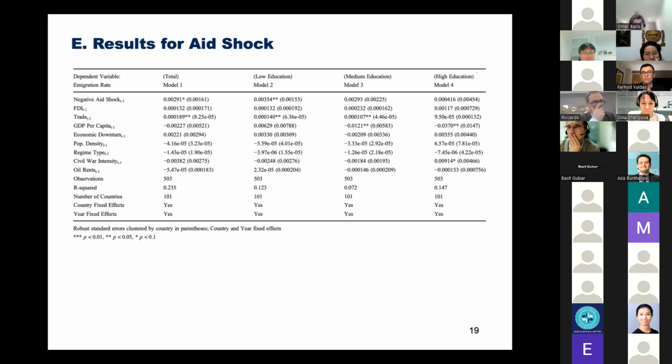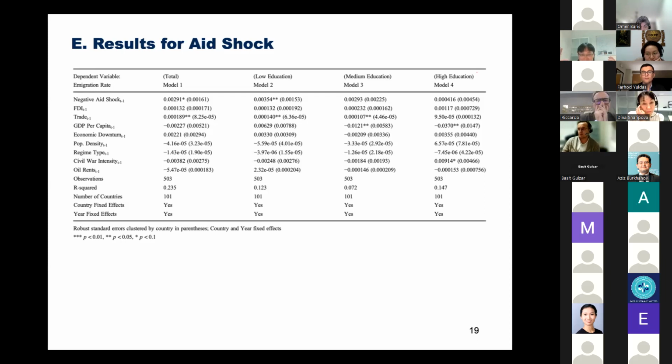That's why you have 506 country-year observations, right? I think this is a reasonable analysis, because when you have a big shock, you selected only low educated individuals, aggregated them, and then ran the regression.